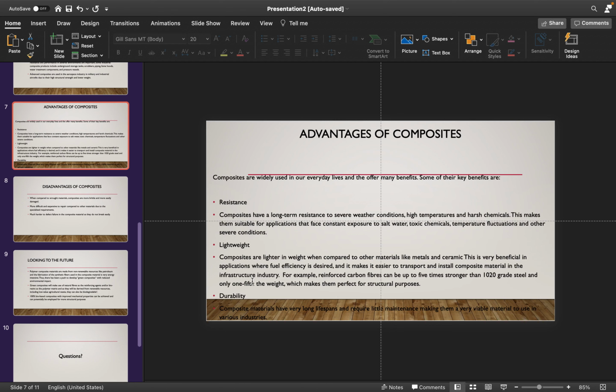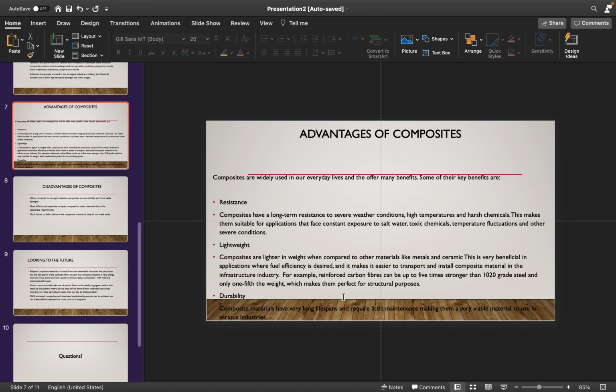It also makes it easier to transport and install composite materials in the infrastructure industry. To give you an idea of how lightweight they are, reinforced carbon fibers can be up to 5 times stronger than 1020 grade steel and only one-fifth the weight, which makes them perfect for structural purposes.